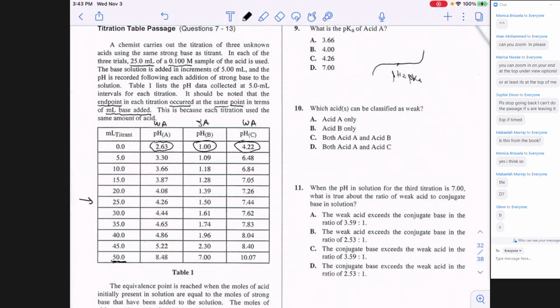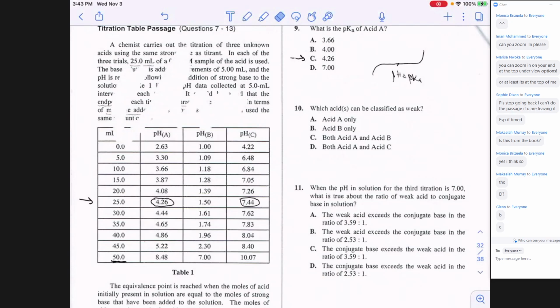Here's your pKa at those half equivalence points, because that's your pH. So by knowing that, we know that it's 4.26. Okay.